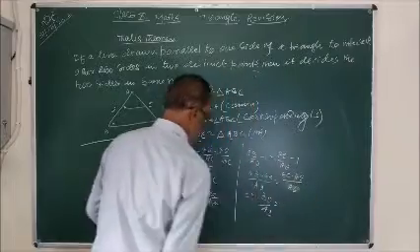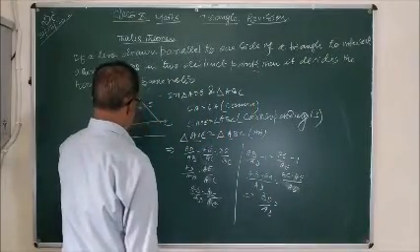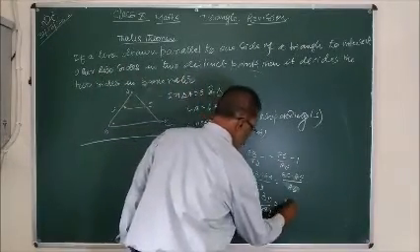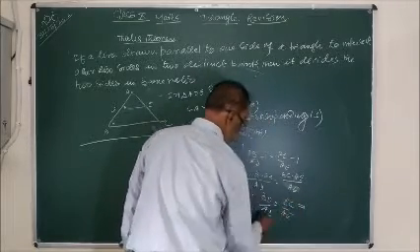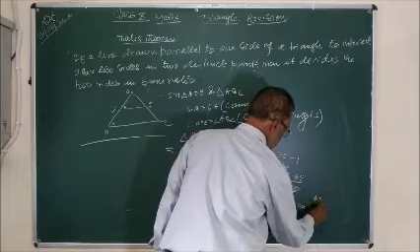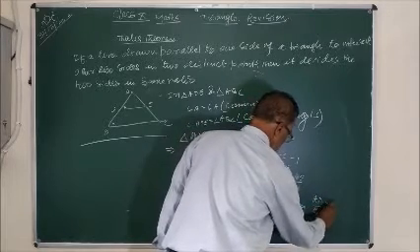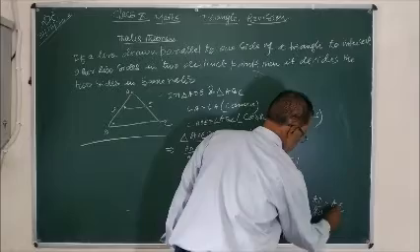Now you see the figure, AC minus AE becomes EC, so EC by AE. Then we take the reciprocal again, and what comes is AD by BD is equal to AE by EC.